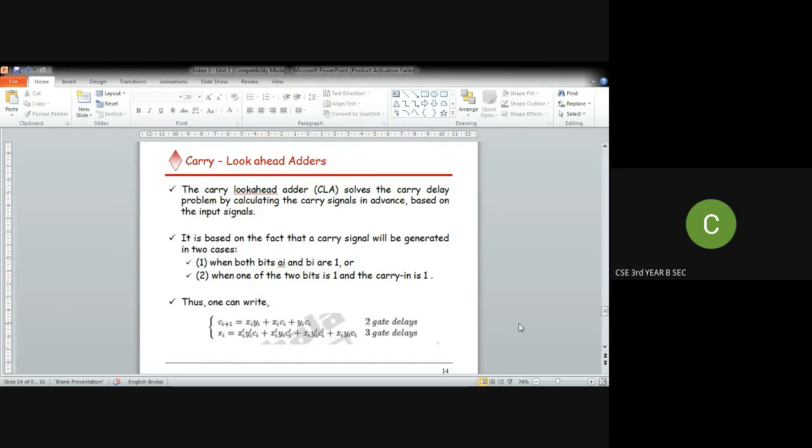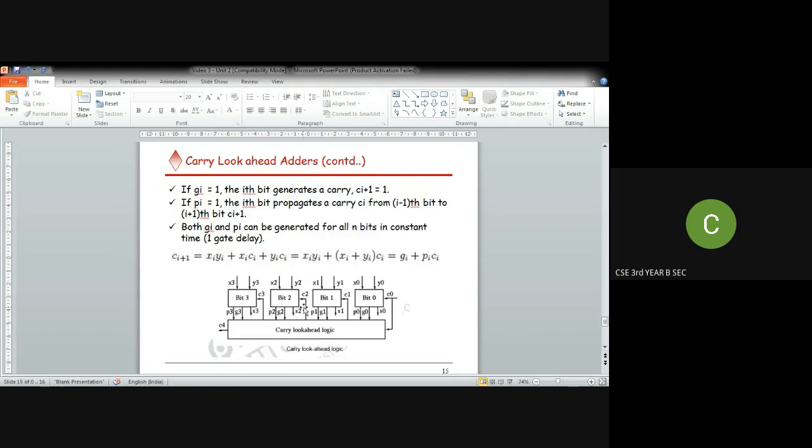So this is the carry look ahead adder logic. Here each bit is added by using a full adder. So this is one full adder, this is one full adder, this is one full adder, this is one full adder. So this is the 4-bit adder. x0 and y0 are given as input to bit 0, x1 and y1 as input to bit 1, and x2 y2 and x3 y3 in this way.